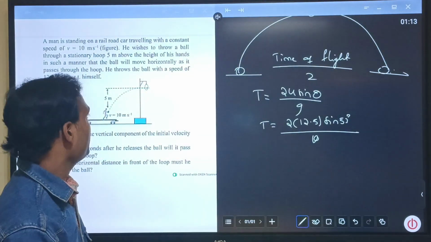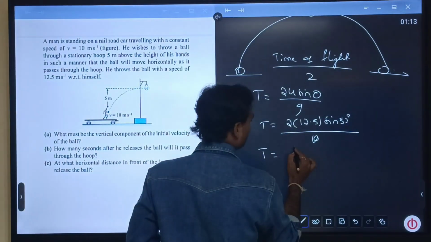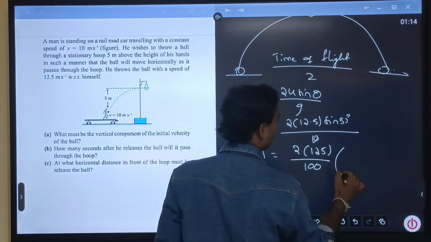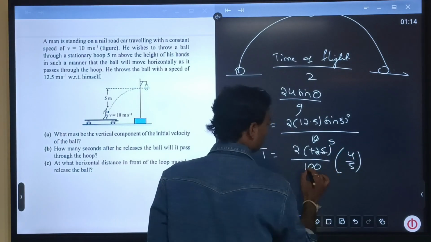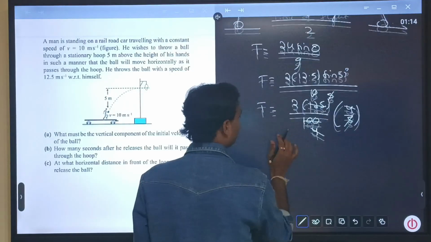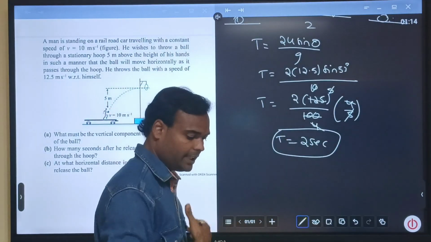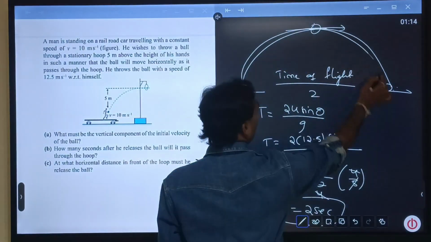Now which is equals to 2 into 125 by 100, 4 by 5. So time is equals to 2 seconds. Total time taken for the complete journey is 2 seconds.